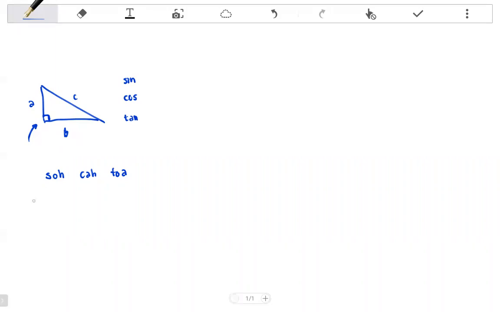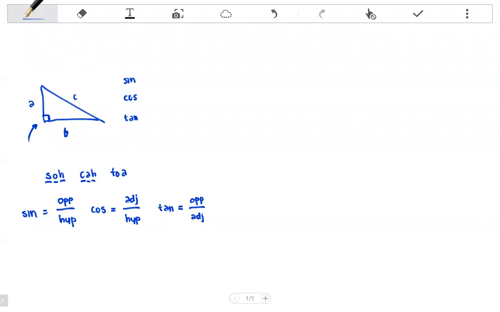But sine is opposite over hypotenuse, SOH. Cosine is adjacent over hypotenuse. And tangent is opposite over adjacent.